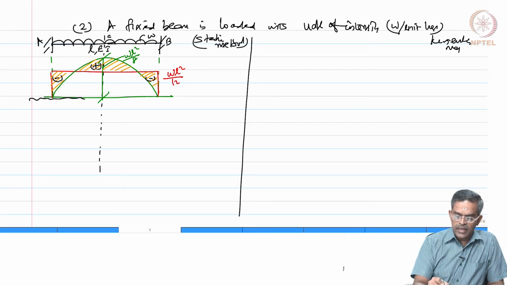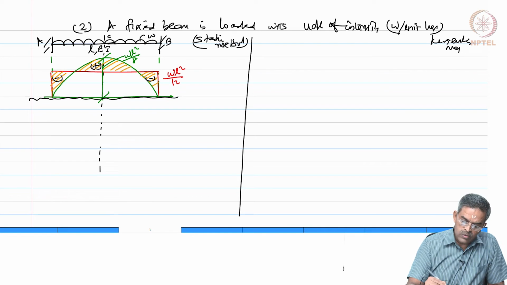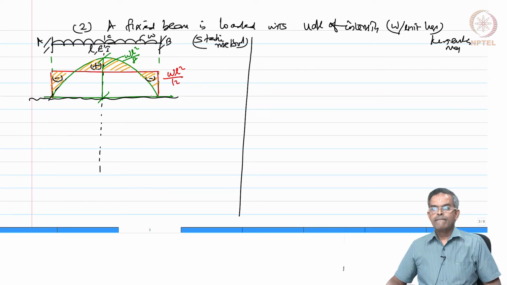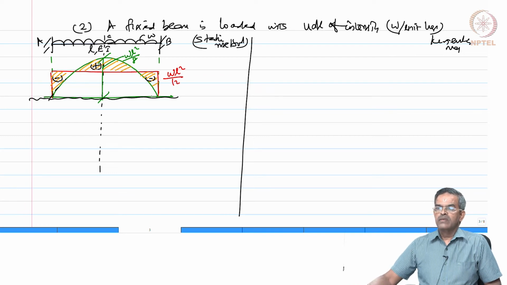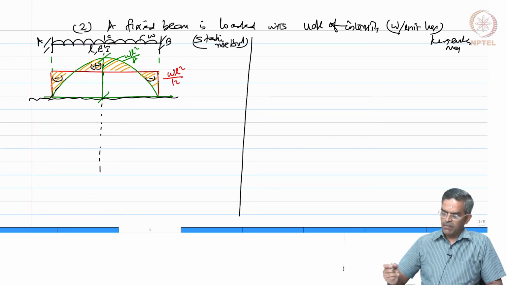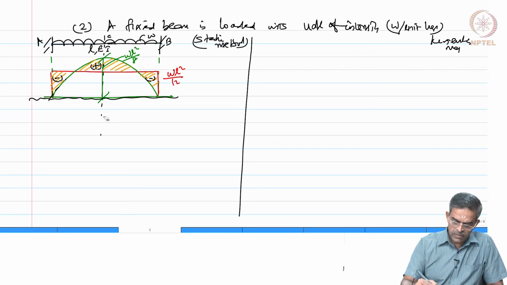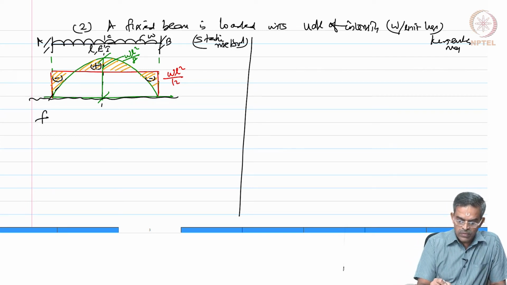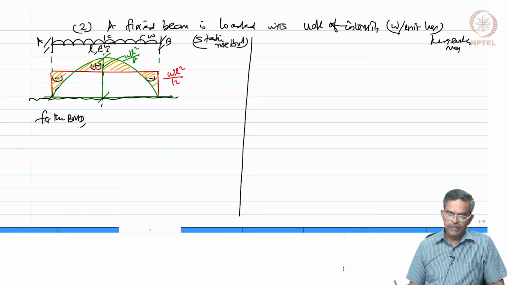So, this neutral line has shifted to this line, is it not? Okay. So, now we have drawn a statically admissible bending moment diagram.